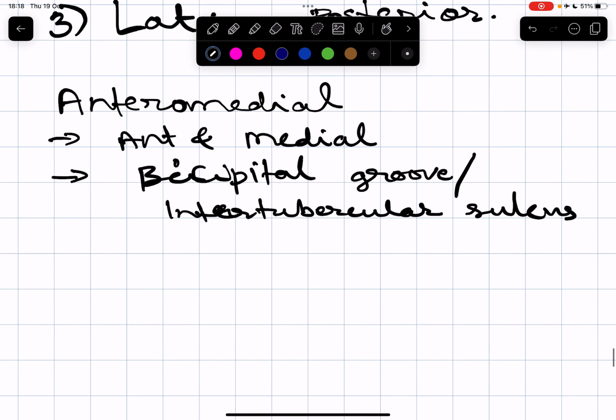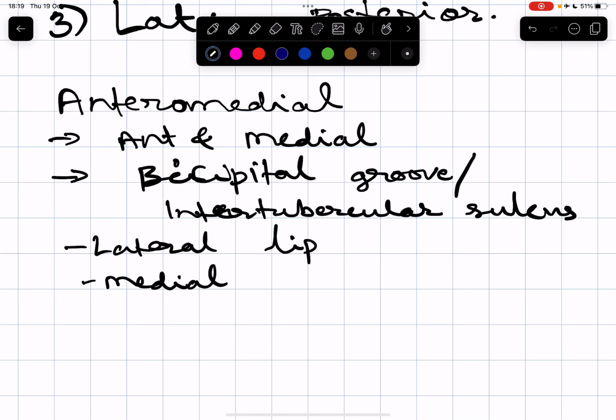This bicipital groove has a lateral lip, a medial lip, and a floor that lies in between the two.